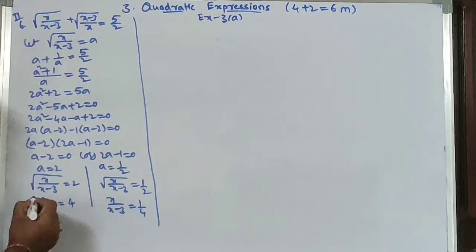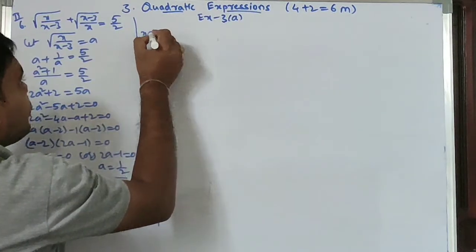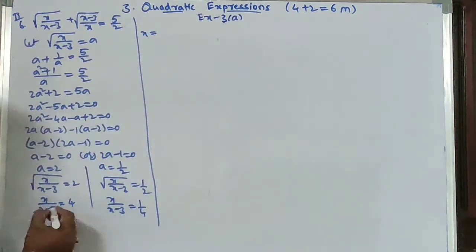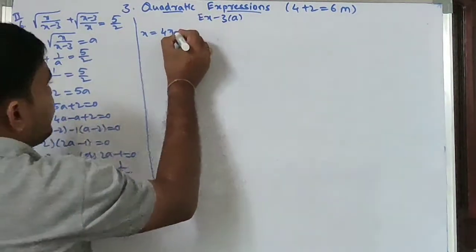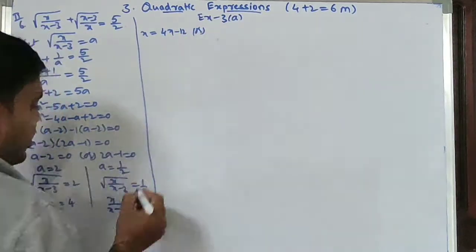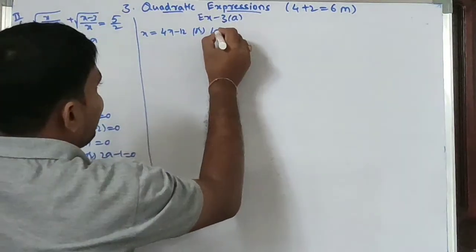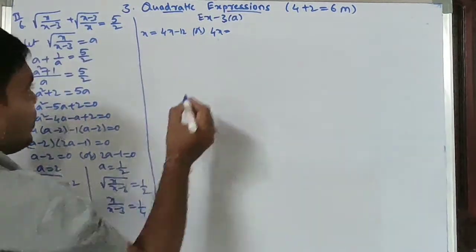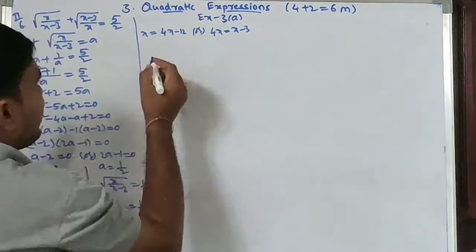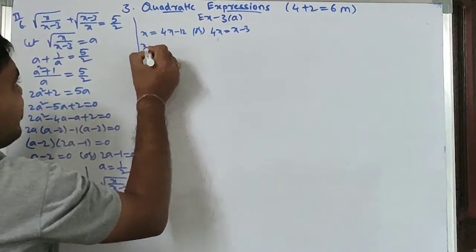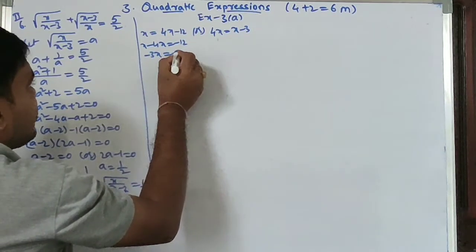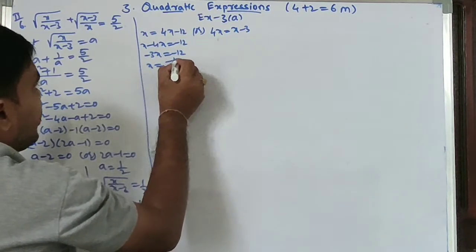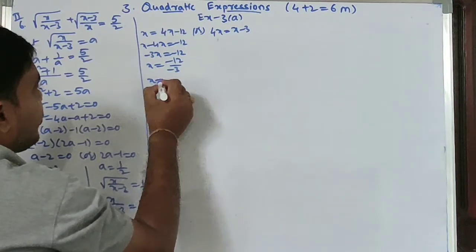So cross multiply: 4x equal to x minus 3. Now x minus 4x equal to minus 12, minus 3x equal to minus 12, x equal to minus 12 by minus 3, x equal to 4.